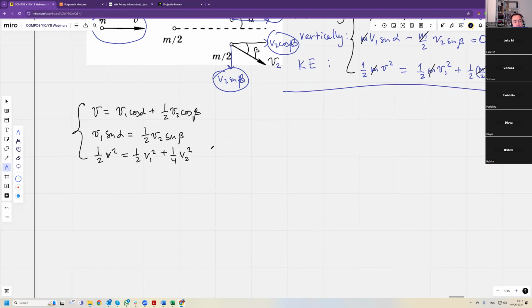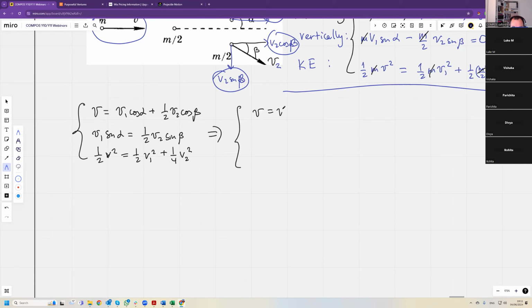So all we need to do now is just find a reasonable approach to solve these three equations. Any suggestions? Well, I would suggest substituting alpha. Alpha is known, so that would probably be useful. Yeah, I'll substitute alpha.